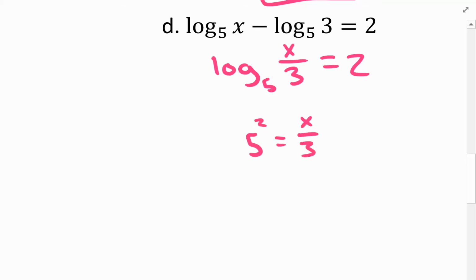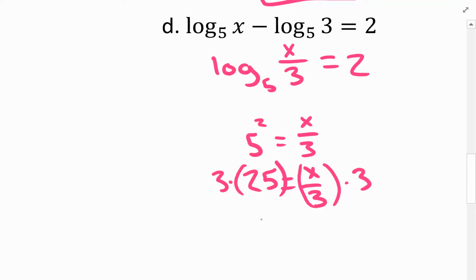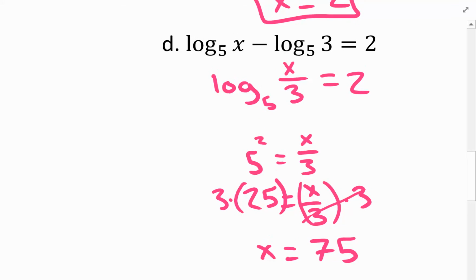We figure out that 5 squared is 25. Now we need to get rid of the 3. How do I stop x from dividing by 3? Multiply 3. So we get x equals 75. Double check. What are we taking the log of? A 3 and a 75, both positive, so it works.